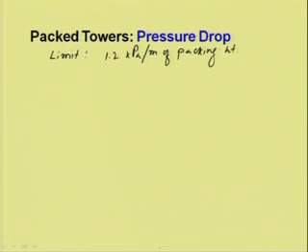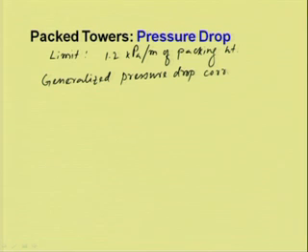There are many correlations available to calculate the pressure drop in packed towers, and there is a generalized pressure drop correlation, known as GPDC, which is applicable for most of the random packings.